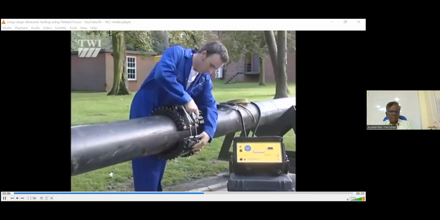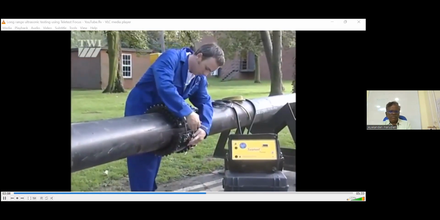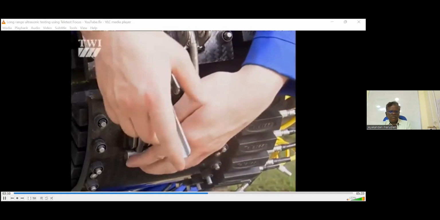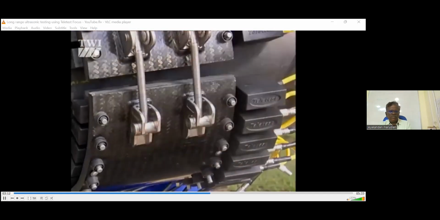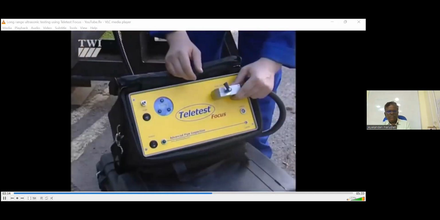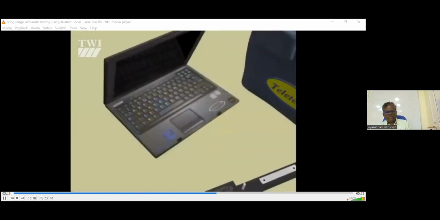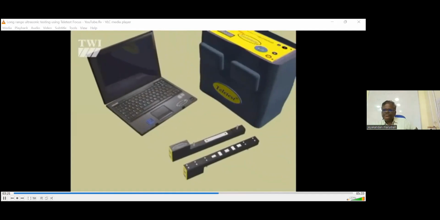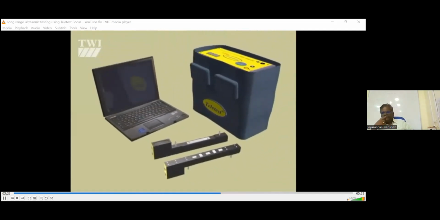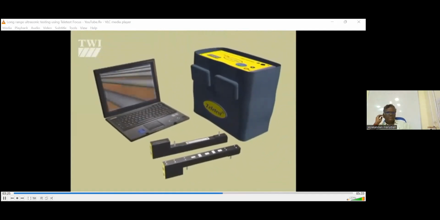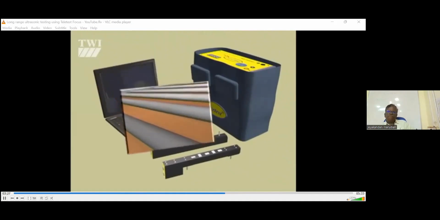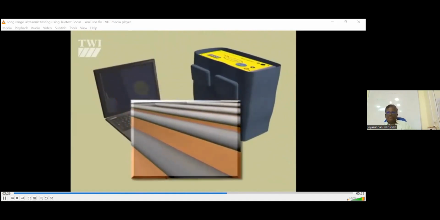So how does long-range ultrasonic technology work? It consists of an inflatable pod, just like this, and a low-frequency flaw detector. Remember, its purpose is specifically to survey pipes and pipelines for corrosion, erosion, damage, and sometimes cracking through fatigue.